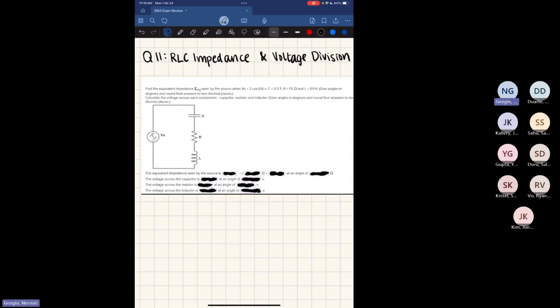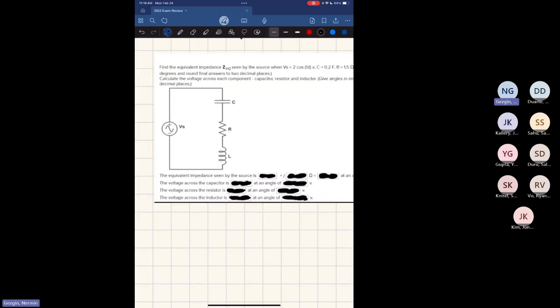So here this is just a more complex version of voltage division, and I would brush up on your complex numbers because you'll be using that a lot. So a good way to set this up, all of these elements are in series. So because of that, it's the same current going through them.